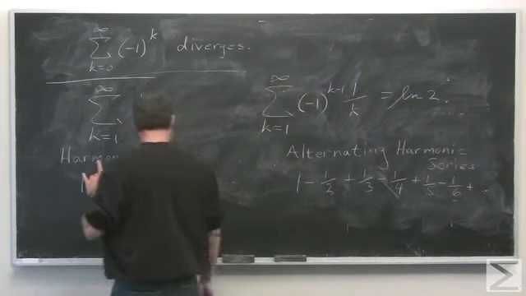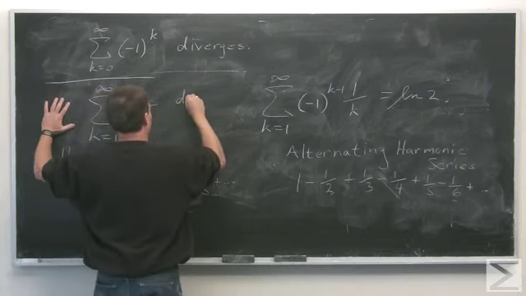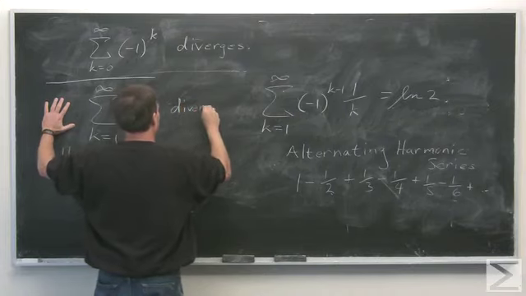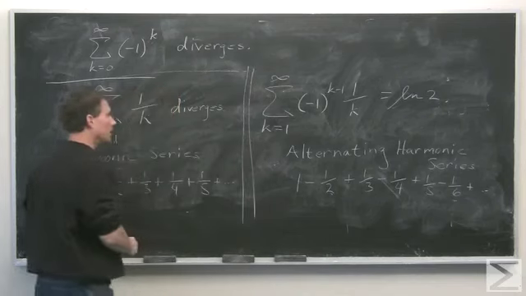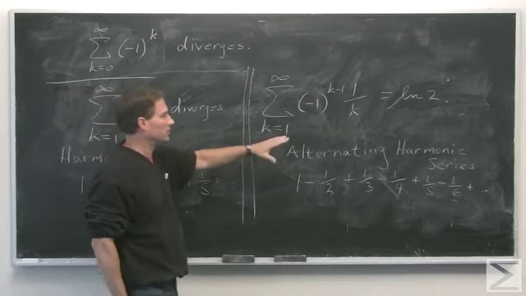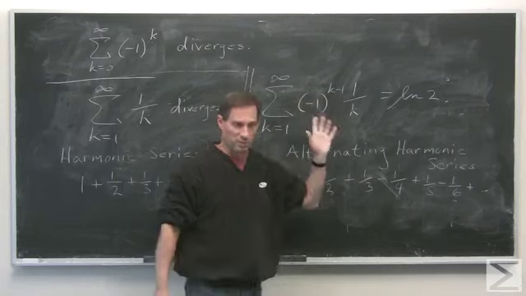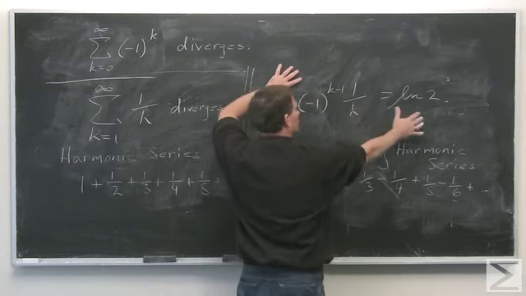We proved that. I said before that the harmonic series diverges. I haven't proved this for you before, but I'm about to. The terms here are almost the same. It's just that this alternates, plus or minus 1. So the terms here are approaching 0, and the series converges. Great.